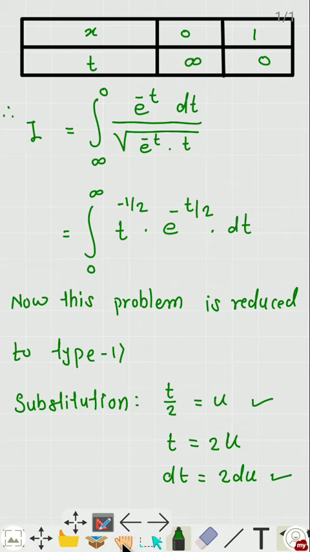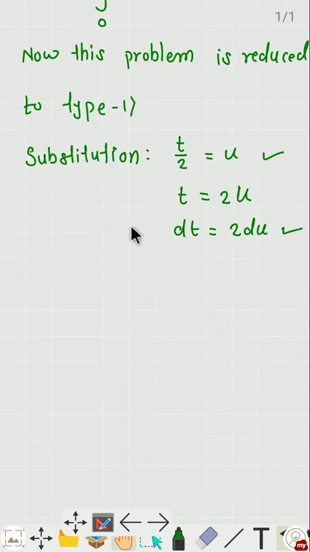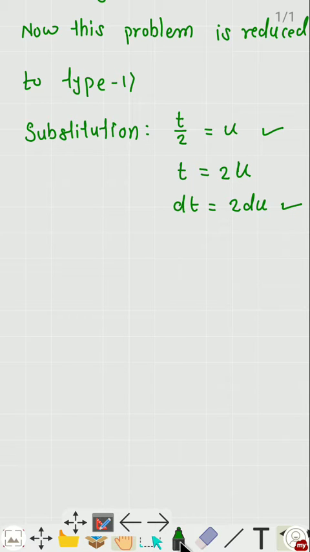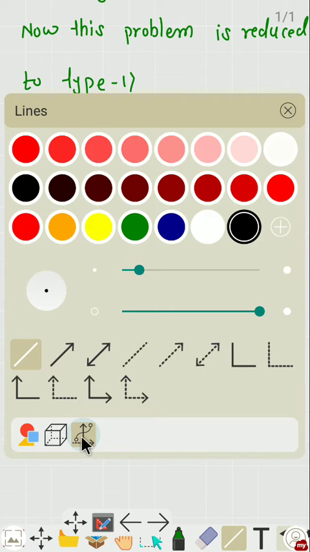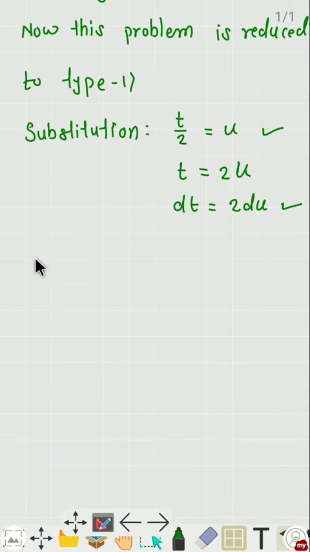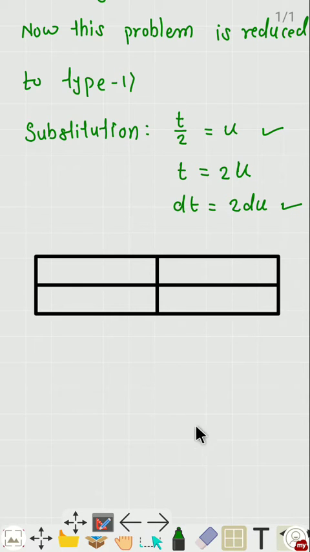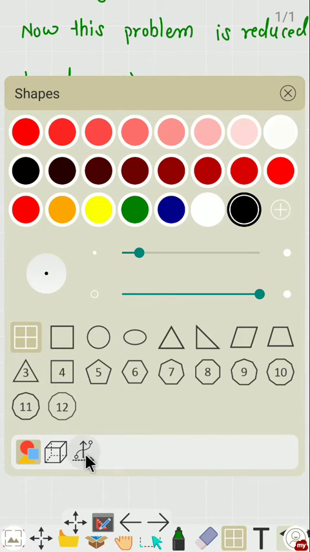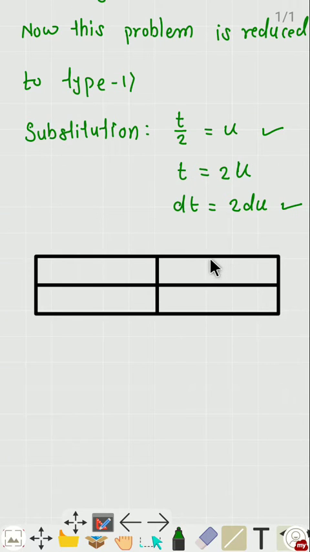And the new limits will be, I will write new limits. Old variable is t, new variable is u. t is from 0 to infinity and u will be again from 0 to infinity.